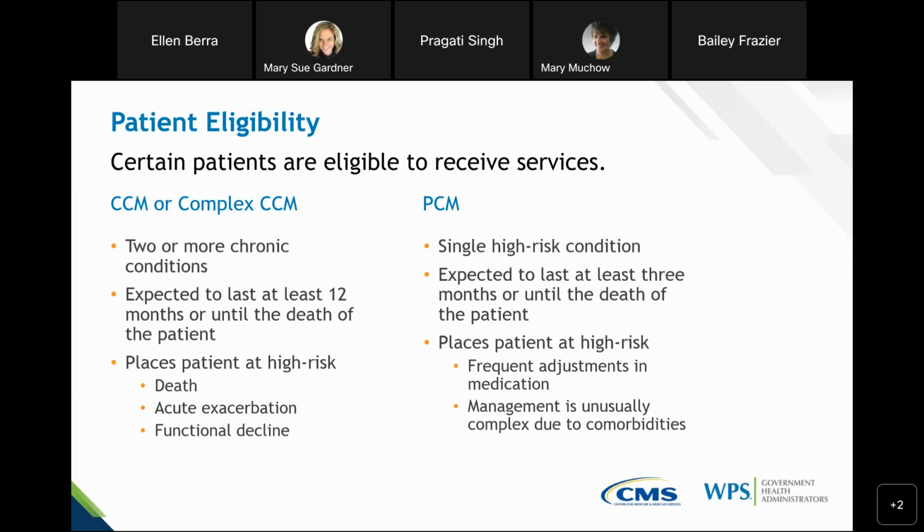And then, as part of principal care management, it is also going to require frequent adjustments in medication for that patient, or that patient has had an exacerbation of their condition, either resulting in a hospital stay or the fear of the patient having to go into the hospital, or the management of that patient's condition is really just unusually complex due to the comorbidities that the patient has.